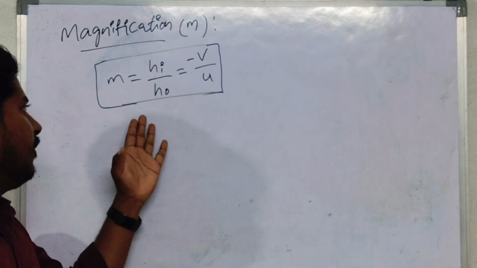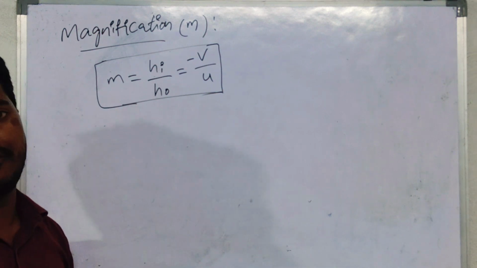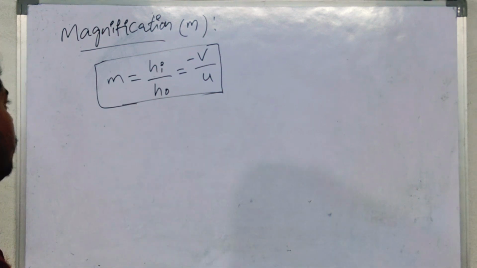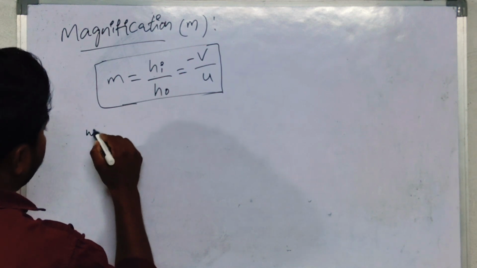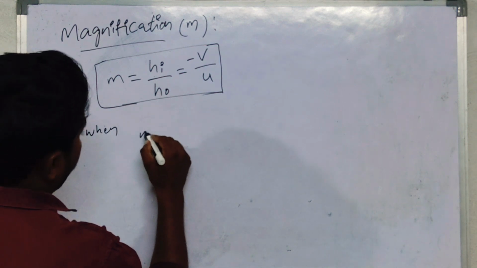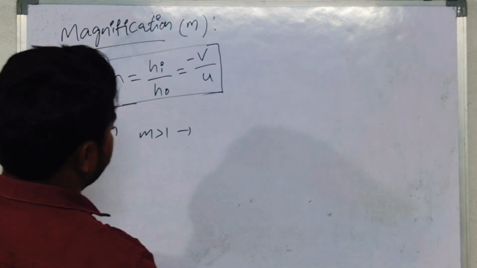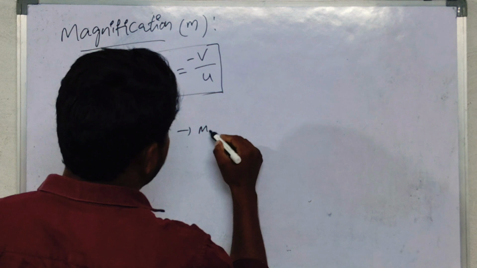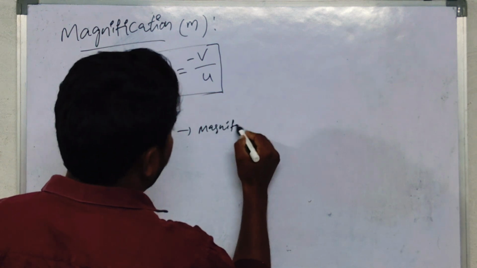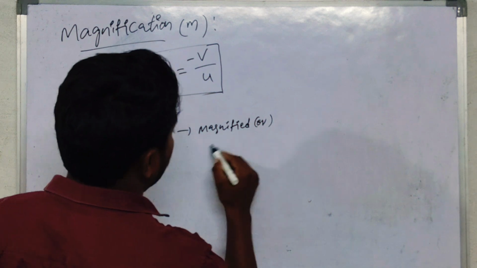When we use the magnification formula, we also have to apply the sign conventions. Now when m is greater than 1, then the image is magnified or enlarged.